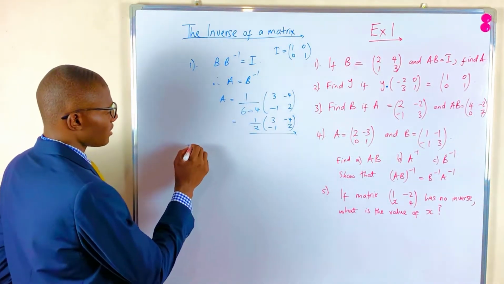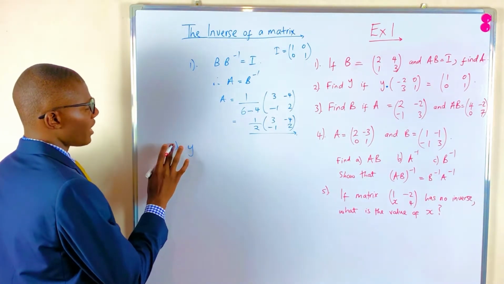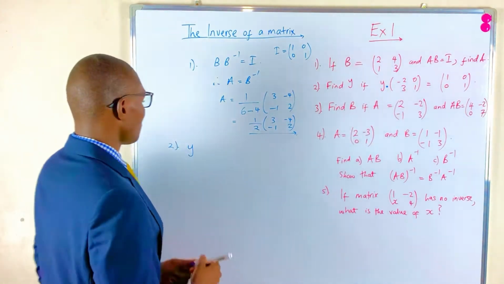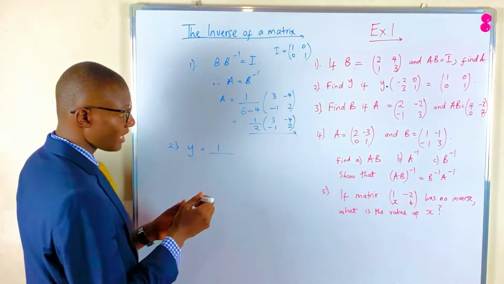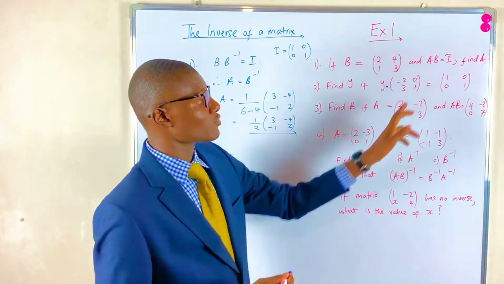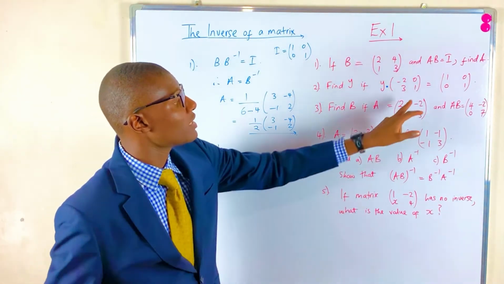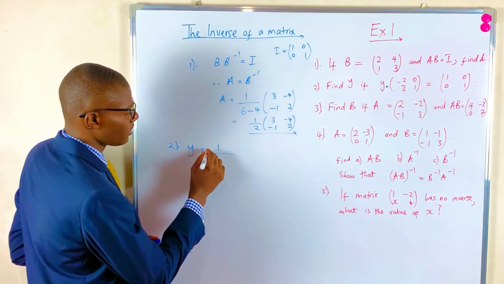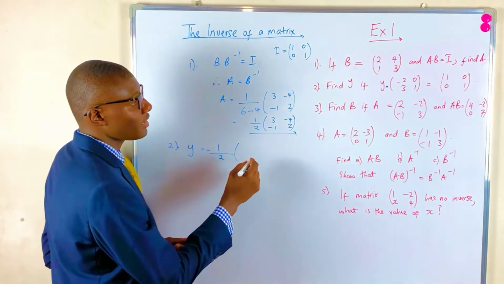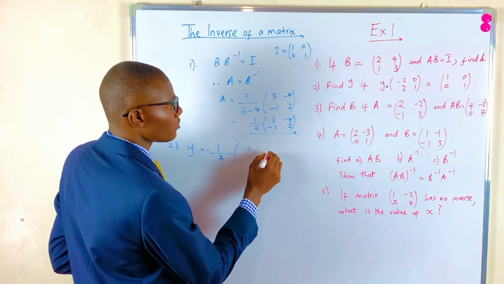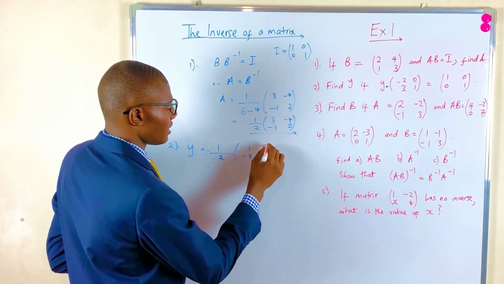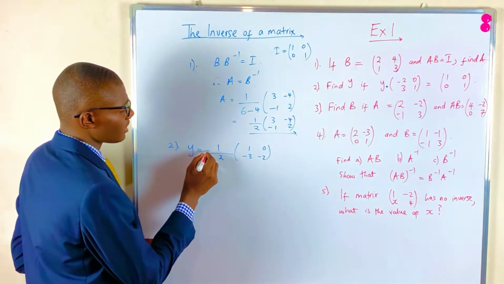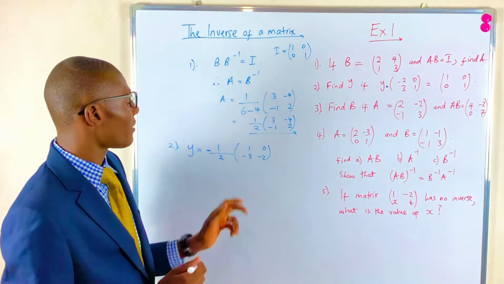So for number 2, Y shall be the inverse of this matrix, which is 1 over the determinant. So minus 2 times 1, we get a minus 2, plus minus 3 times 0, that's a 0. So we get a minus 2 here, which is just minus half, and multiply by 1, minus 2, 0, minus 3. So this is the Y that we need. And please take note that this is a negative, minus half.